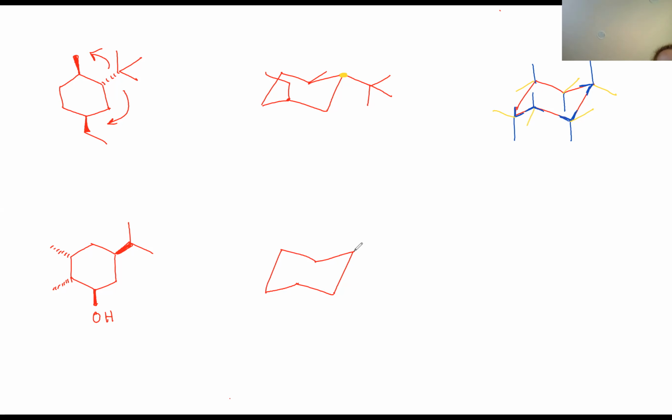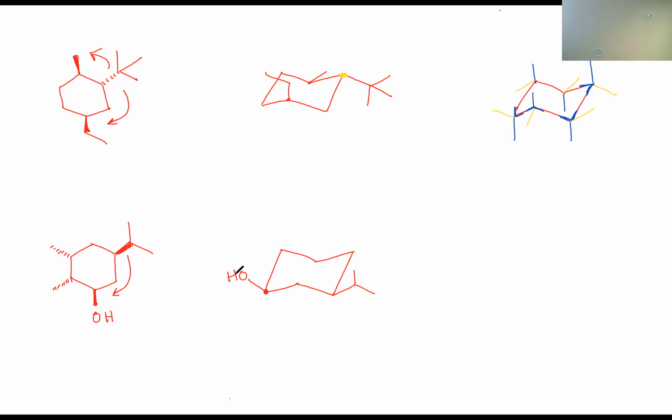So pick your favorite up equatorial position. Okay, and then I'm just going to move clockwise. So 2 over is my oxygen, and it's also going to be going up. On this carbon is up axial or equatorial? Equatorial. Right. That's lucky.